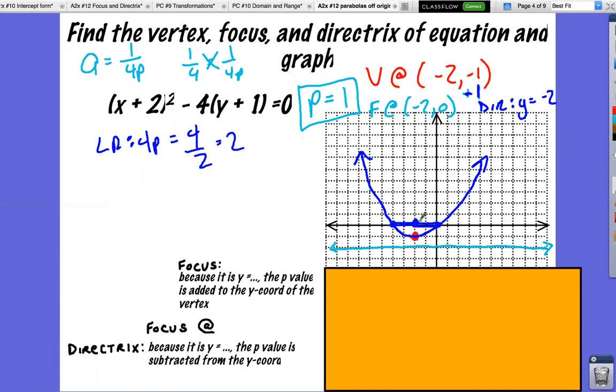So the whole thing has to be 4. Any questions?